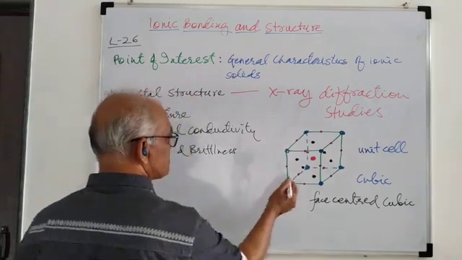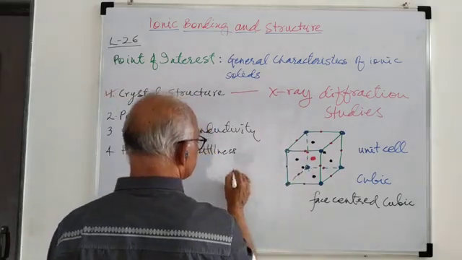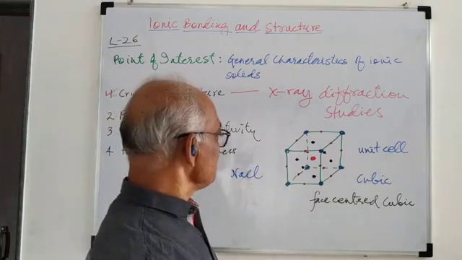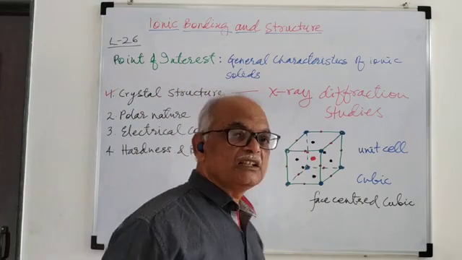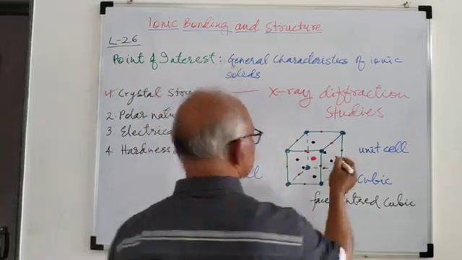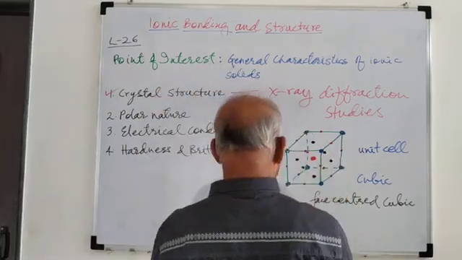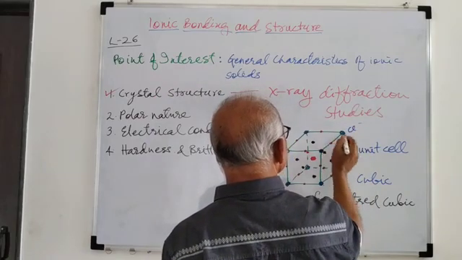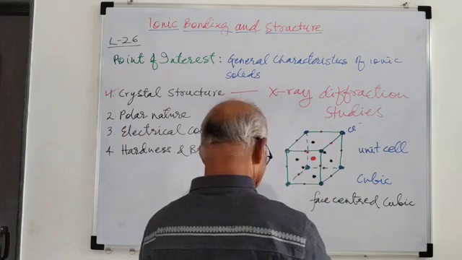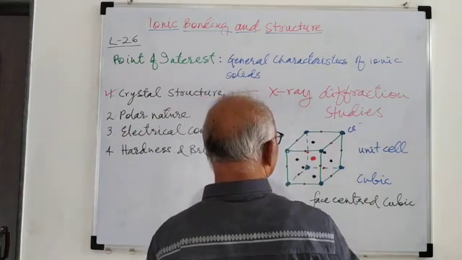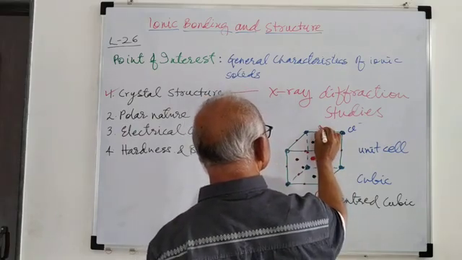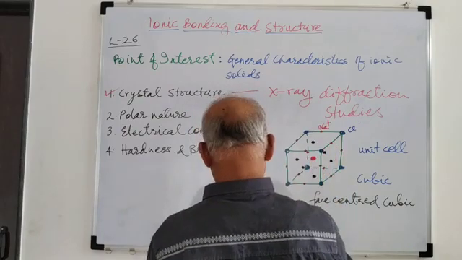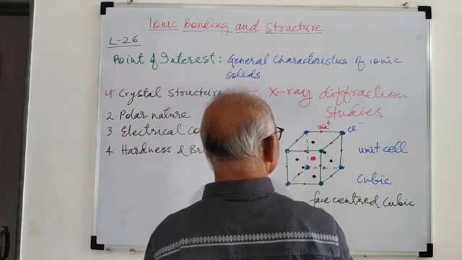Such a type of structure is obtained in sodium chloride, NaCl. For example, if we label these as Cl minus ions, and this is Na plus, and this again Cl minus.